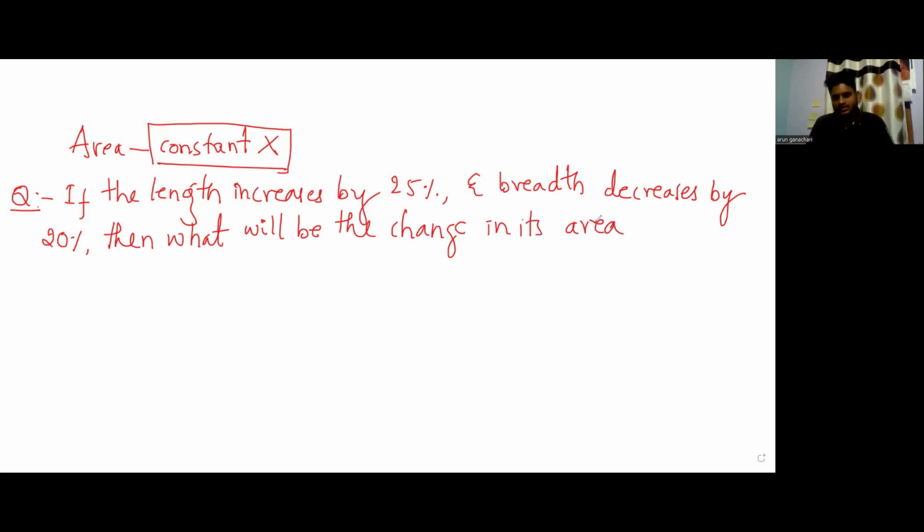What will be the percentage change? You can write one more thing. Let's be very specific here. What will be the percentage change in its area?